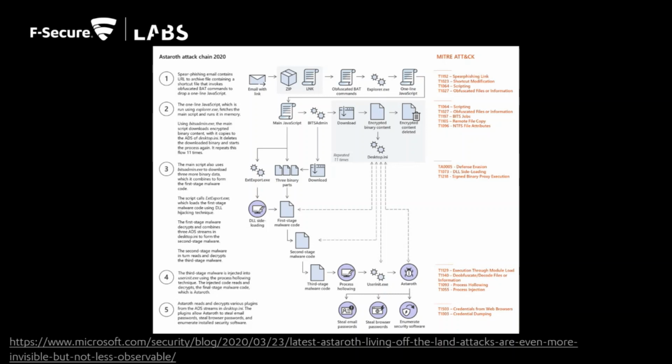They are stored in desktop.ini's alternate data stream, and then when the attacker wants to, they get accessed. Those different bits of the payload get put together again, decrypted, and executed to form the actual payload. That's one of the flows.